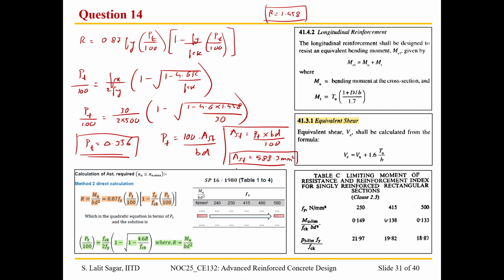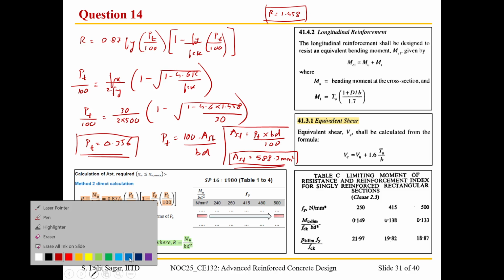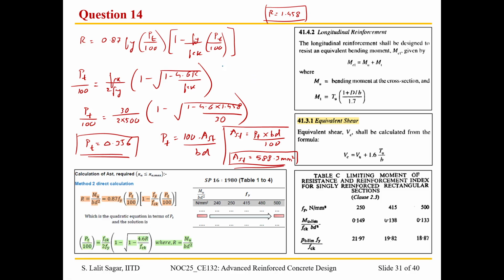Please check whether you're getting this answer. 0.356 into 300 by 550 divided by 100. So we should be able to get the answer of 588.3 mm square.